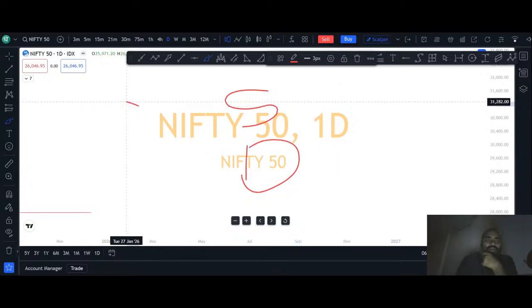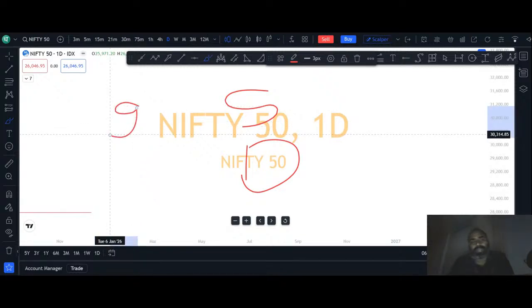Basically, I follow nine types of supply demand structure. The whole stock market depends on this only. What I follow actually works for me, and it will work for you people also.